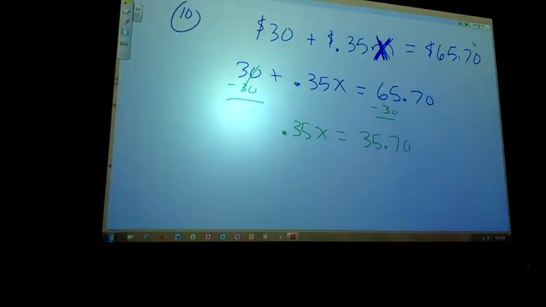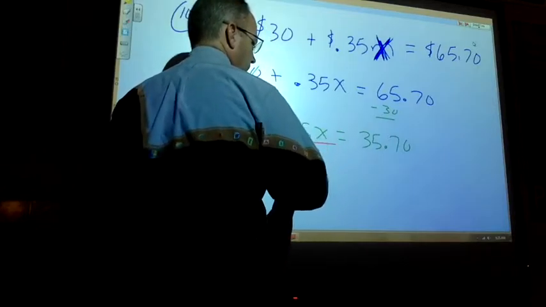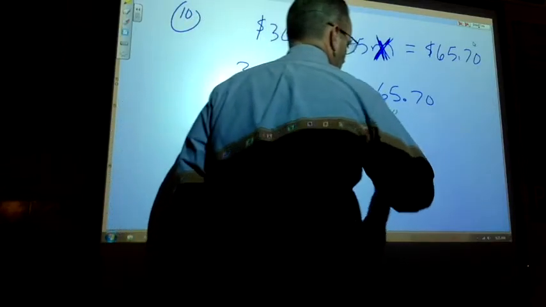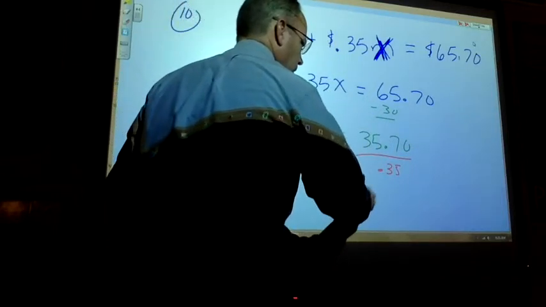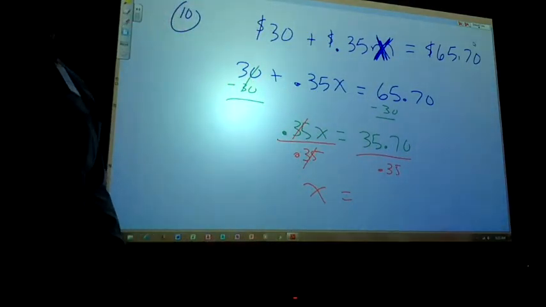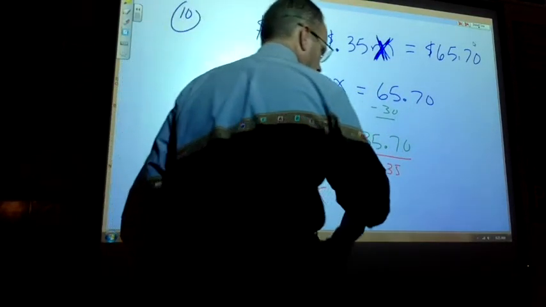Then what? Divide by 0.35, keep the decimal. All right, so divide each side by 0.35. Anyone have a calculator out? X equals 102. So if you go 35.70 divided by 0.35, you get 102.